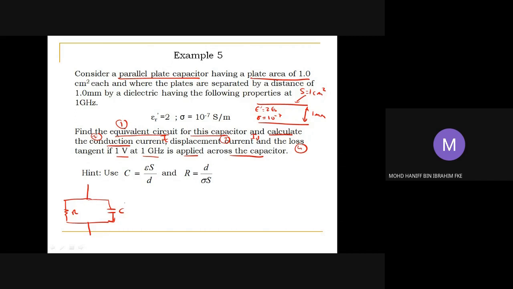We need to find the resistance R and the capacitance for this particular capacitor. In this example, the capacitance for the parallel plate has been given, and also the resistance for the parallel plate is given.